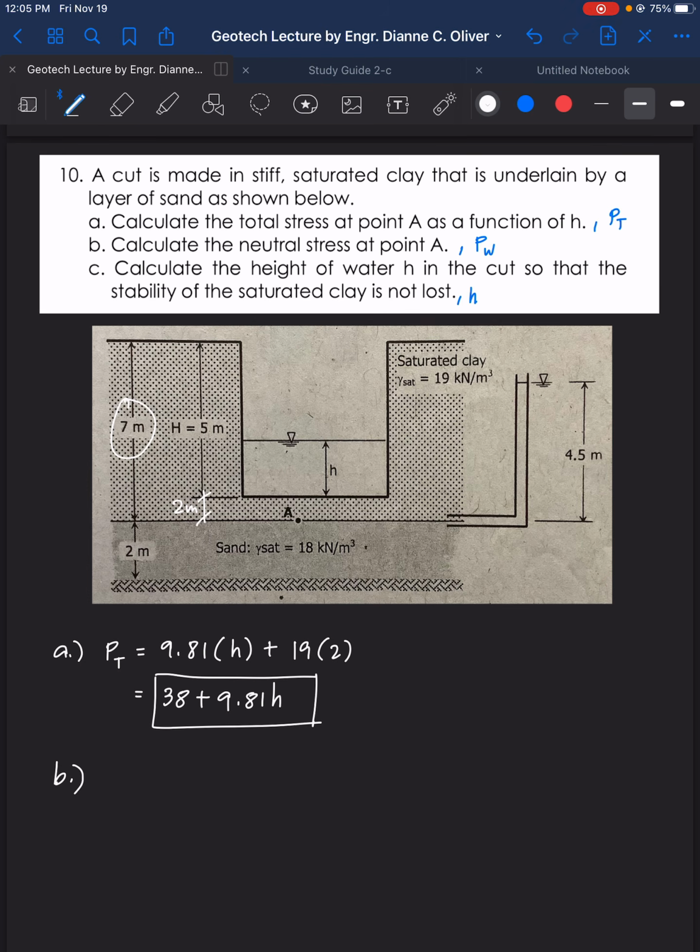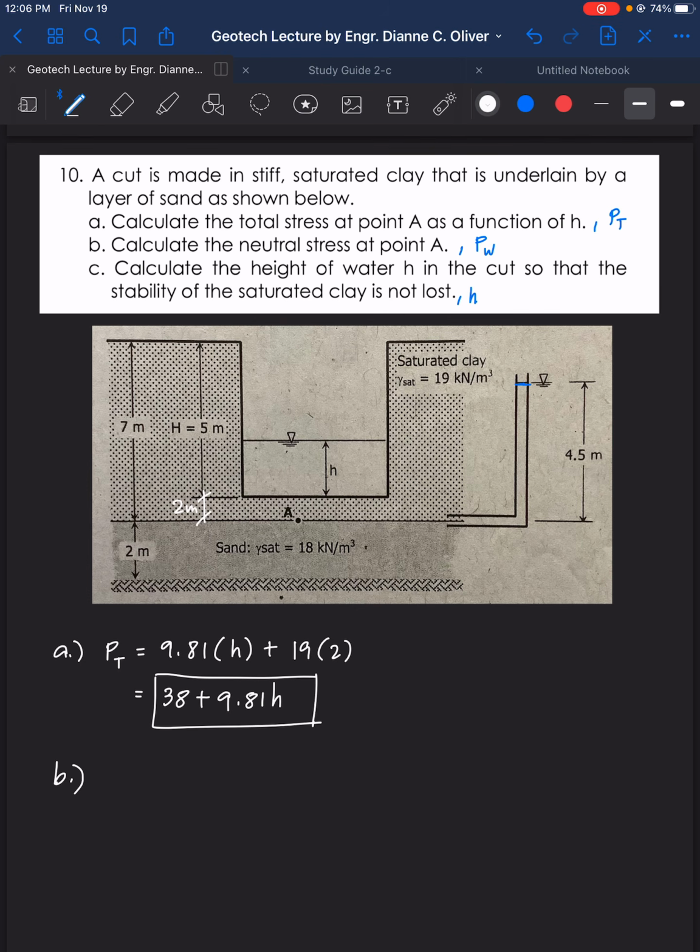B. Okay, so letter B, calculate the neutral stress at point A. So the neutral stress at point A, we will consider it saturated. There's a tube given here inserted on point A, and in this tube we see a rise in the water pressure of 4.5 meters.